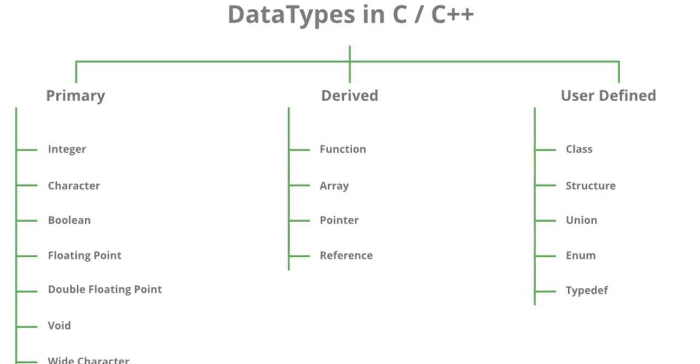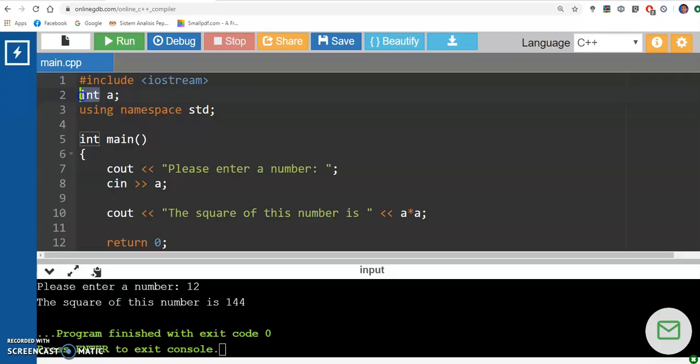So for you to name it, you have also to specify the type of data that you want to put in. So for this particular example, I specified that the name of the variable is A, and the category of data to be stored in this A is just integers, and integers you have to declare it as int.